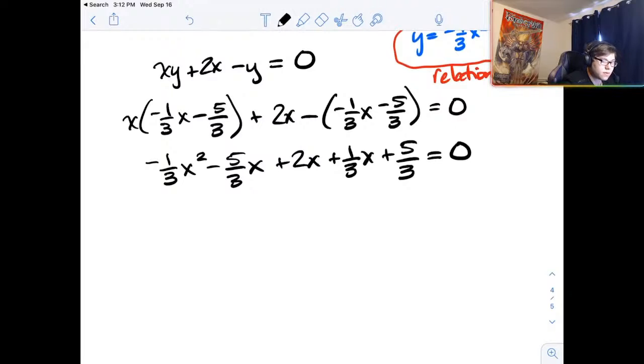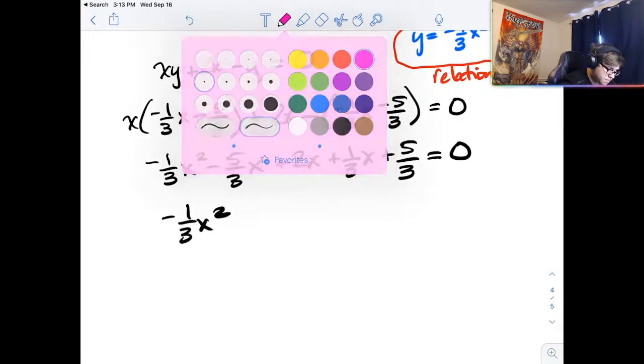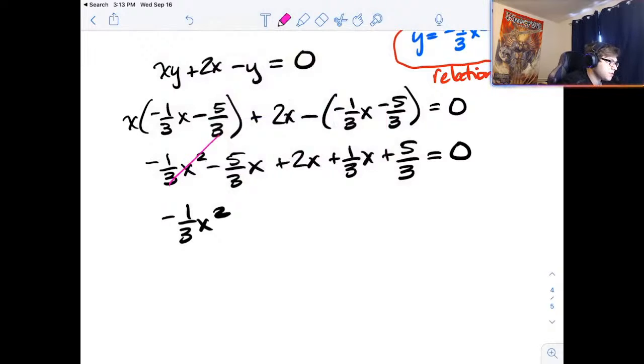Let me try my best to combine like terms. I would get negative 1/3 x squared, because that's the only x squared term in the mix. Then I have this guy and I have this guy, which combined together, I believe would give me negative 4/3 for the x. And then I also have a 2 mixed in there as well. So negative 4/3 plus 2, I believe would wind up giving me 2/3.